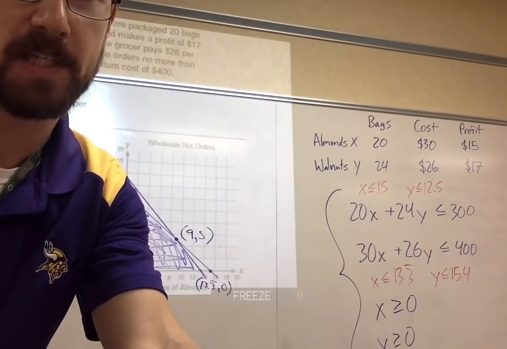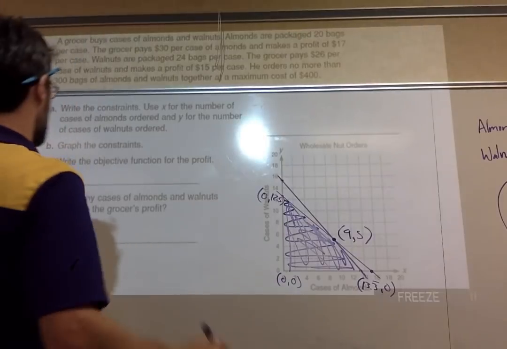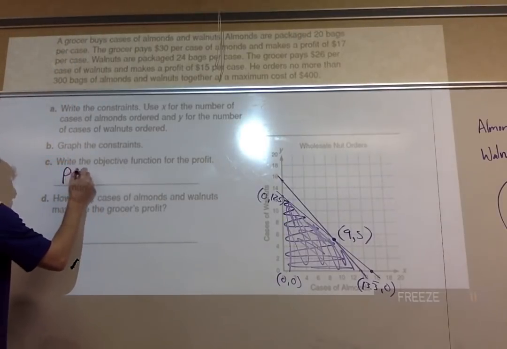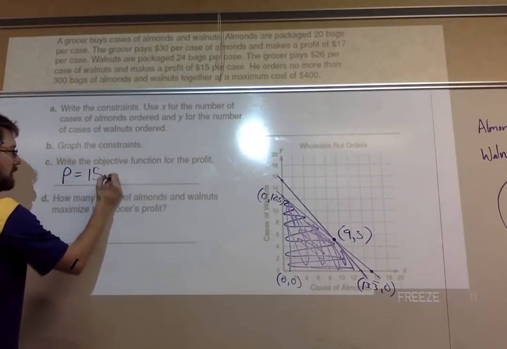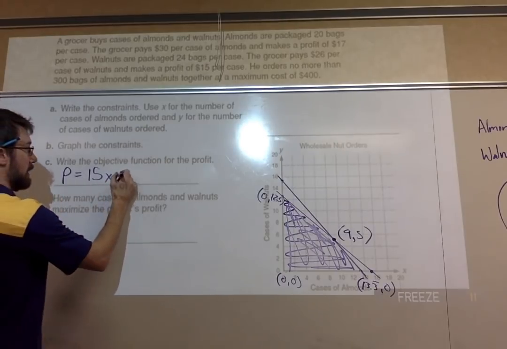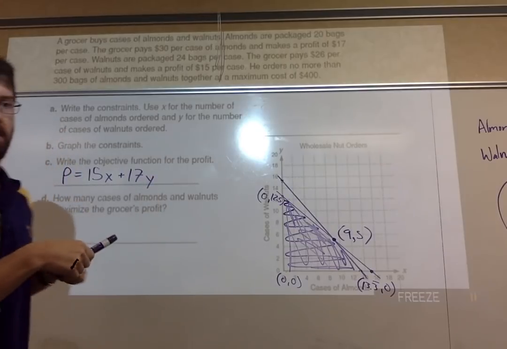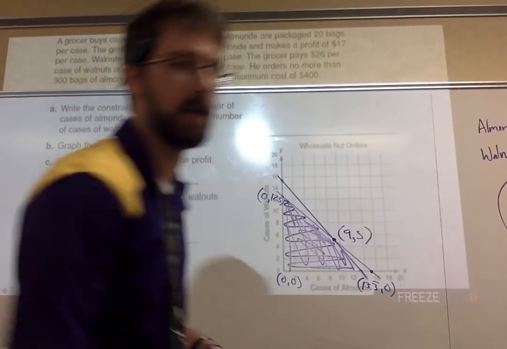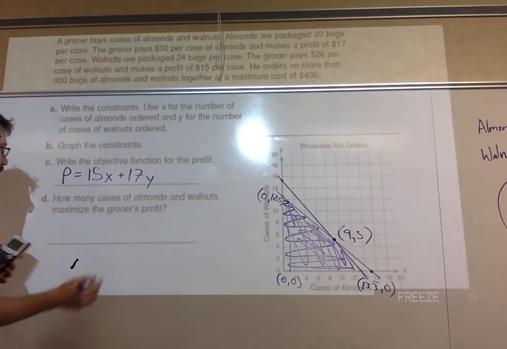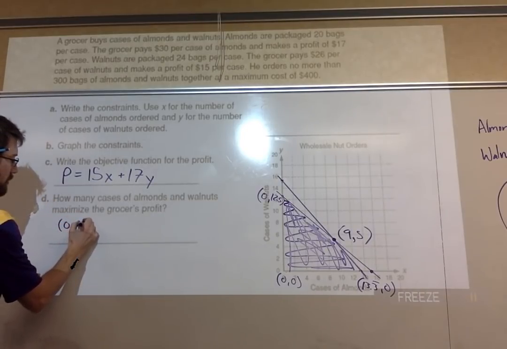for one and a profit of $17 for the other. So that means our objective function is going to be P equals $15 per bag of almonds and $17 per bag of walnuts. I want to test out my vertices. One vertex was 0, 12.5.